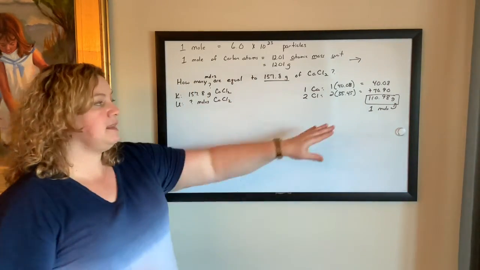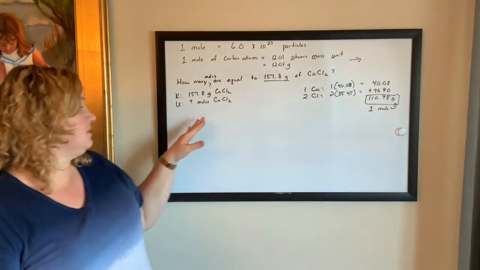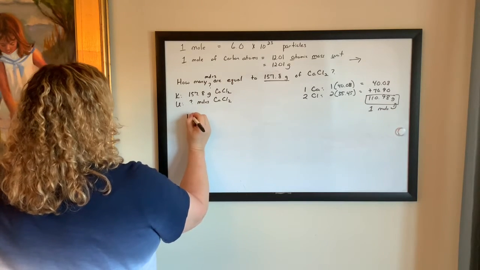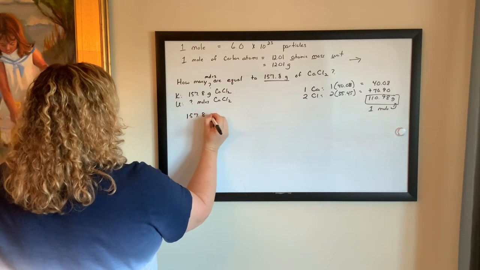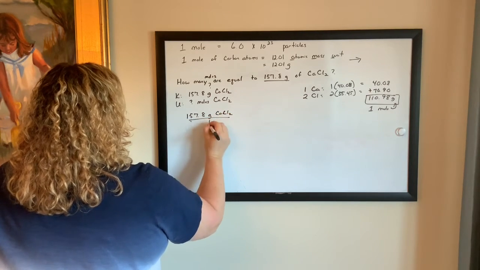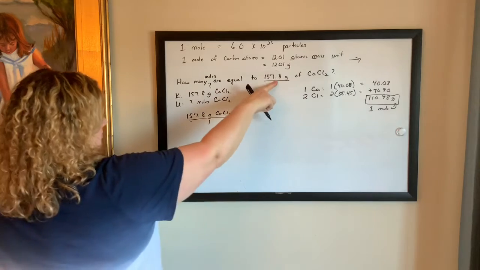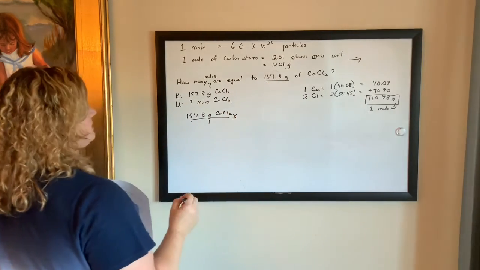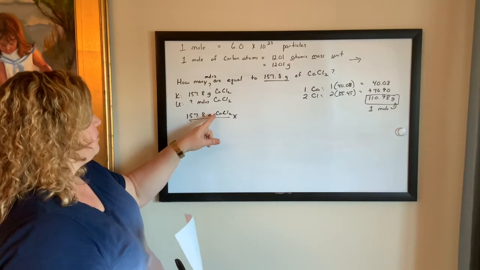1 mole. Now I have my conversion factor. Now we can start this problem. So always start with your known, 157.8 grams of calcium chloride. We put it over 1 because it's in the numerator. We're going to make it a fraction. We can always put it over 1 because it is itself. Now I have to go from grams to moles.